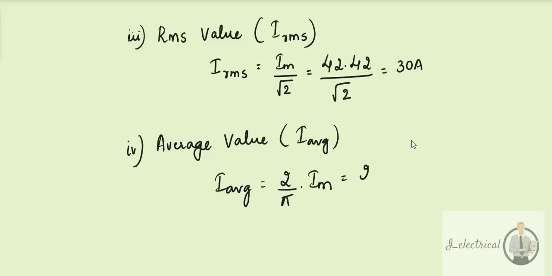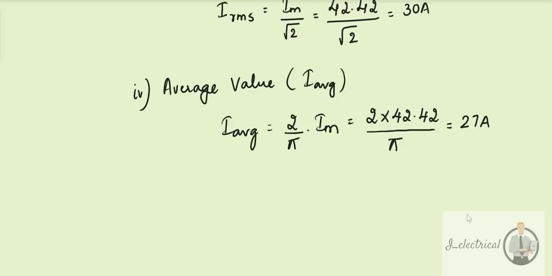I know the Im value, so 2 into 42.42 over pi. If I calculate it, I'll get 27 amps. So I average is equal to 27 amps.